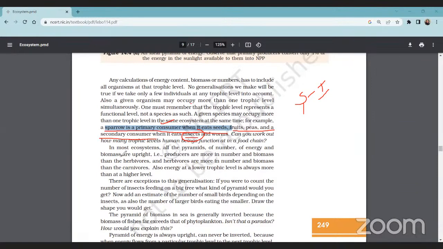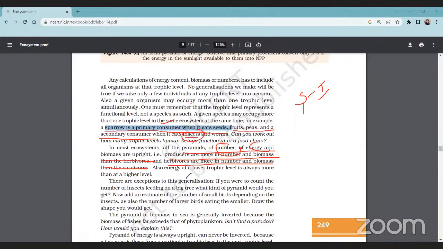In most ecosystems, all the pyramids of number, energy and biomass are upright. The producers are more in number and biomass than the herbivores, and the herbivores are more in number and biomass than the carnivores.